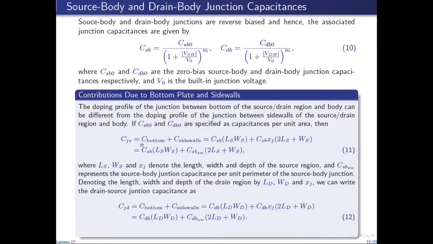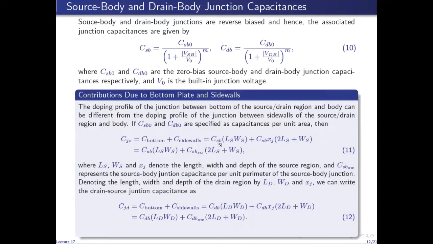It must be computed for the bottom PN junction and the PN junction at the side wall separately. So the junction capacitance associated with the PN junction at the bottom of the source region is given by CSB, which is the value obtained from this expression at a particular reverse bias. Because CSB0 is given per unit area, CSB will be a capacitance at the reverse bias voltage VSB per unit area.